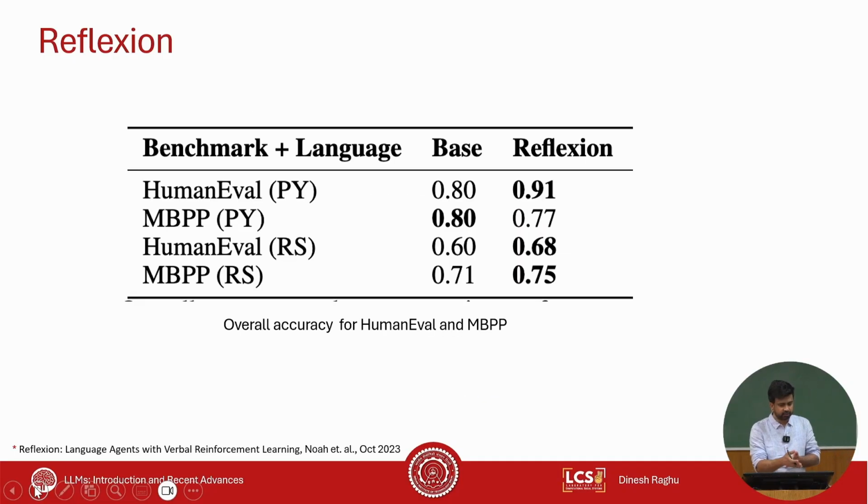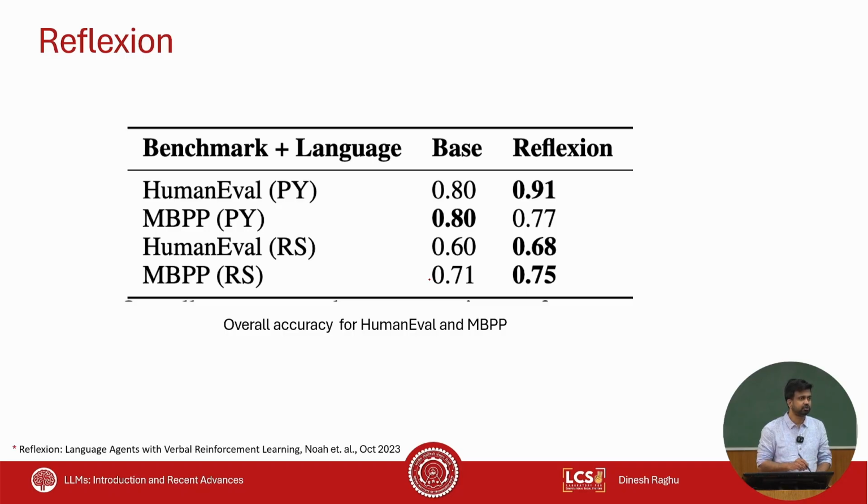These are some results. You already know HumanEval, which is a coding benchmark. The languages are divided based on the language, Rust and Python. And there is also another programming benchmark called Mostly Basic Python Programming. So here they say that if you use simple standard prompting, this is what you get. And if you use the reflection framework, you get much better numbers. Again, in these cases, you assume that you have access to unit test cases.